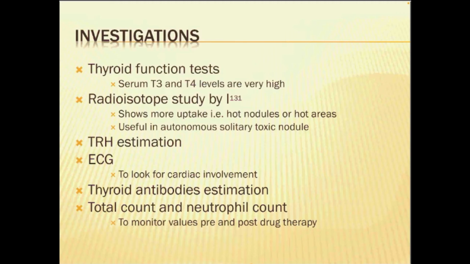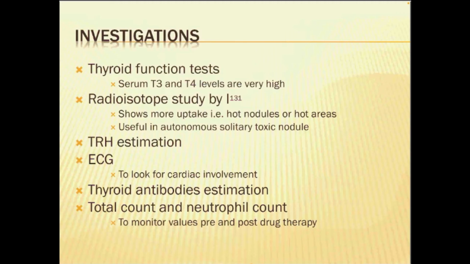These are the things you are supposed to see: free T3 and free T4, and bound T3 and bound T4, along with TSH. Other radioisotope studies like I-131 are also used for diagnostic purposes. When iodine 131 is given into the body, it gets absorbed into the thyroid gland for T3 production.